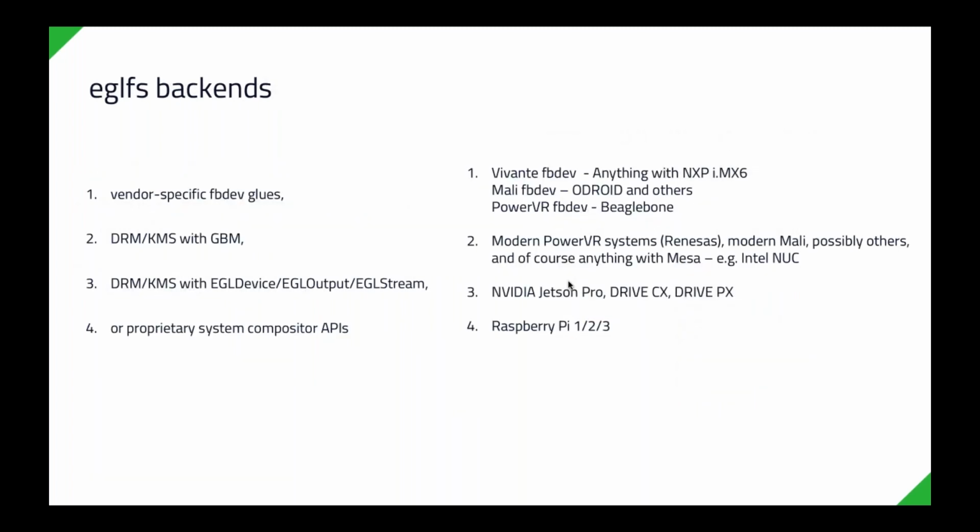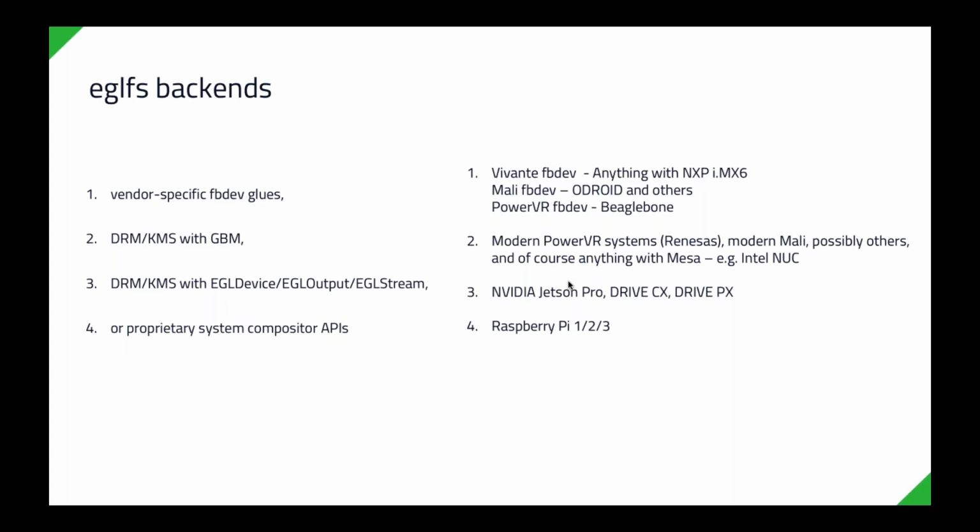So as I was saying on the earlier slide, there are some vendor-specific FBDev glues, and that could be found in the Vivante or Mali or PowerVR FBDev. I don't think we maintain the PowerVR FBDev implementation anymore, since the more modern approach is to resort to using DRM and KMS with the GBM, and that's what you would find on the recent PowerVR systems, especially Renesas and the Intel NUCs.